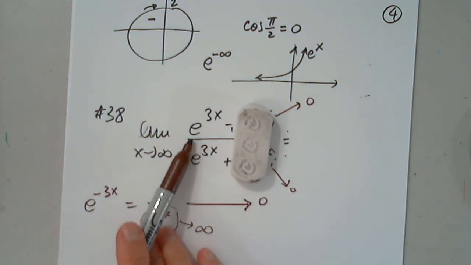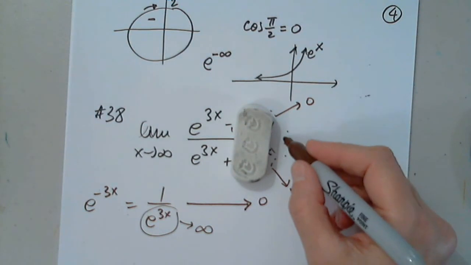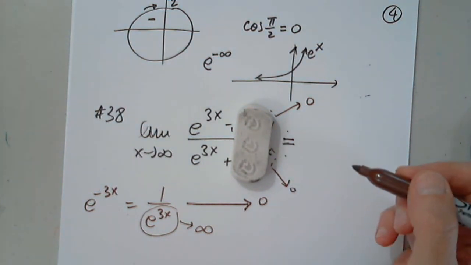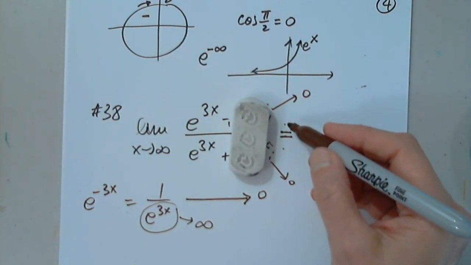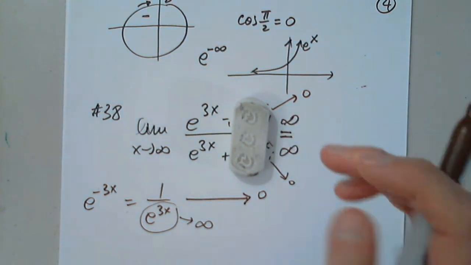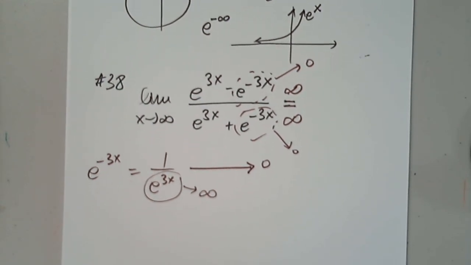So where is the numerator going? Anyone? Infinity. Good, over infinity. So it's one of the three indeterminate cases that we looked at.